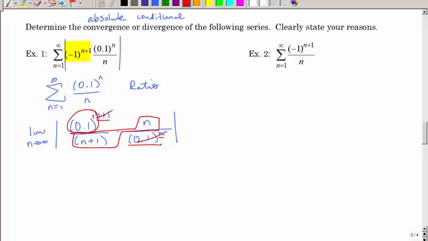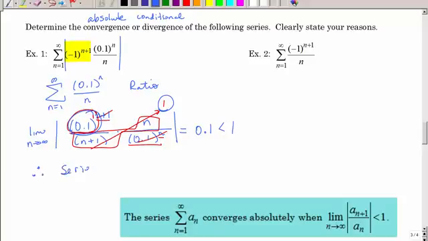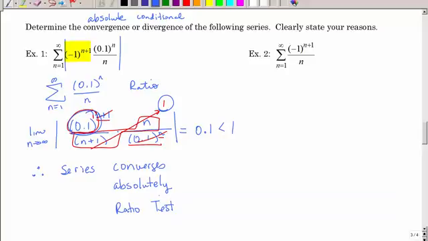That limit is 1. So I have 1 times 0.1, that's 0.1, which is less than 1. What does that mean? That the series not only converges, but it converges absolutely, and I used the ratio test. That's an easy one, because if it converges with the absolute value, you're done.